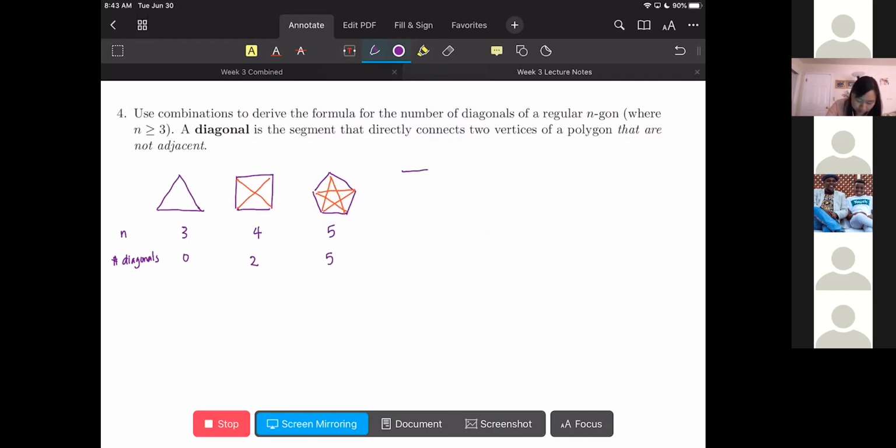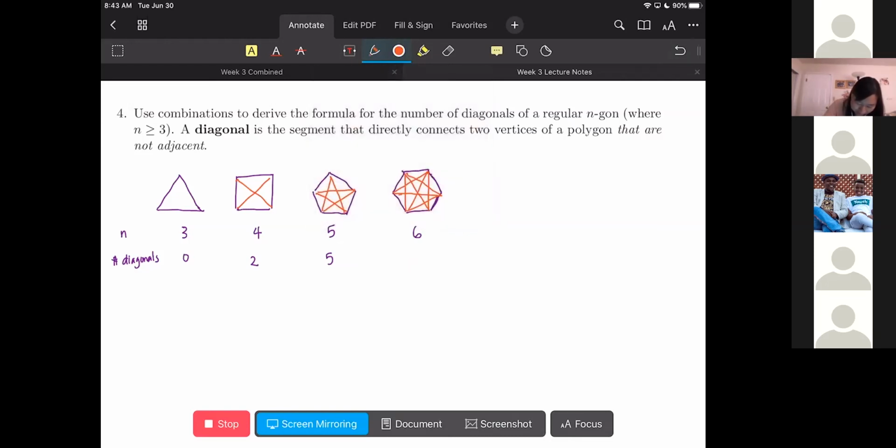You can do a couple more. So for 6, it's going to be a regular hexagon. And then again, we can draw them out. So maybe I draw it like this. Oh, I missed one, yes.